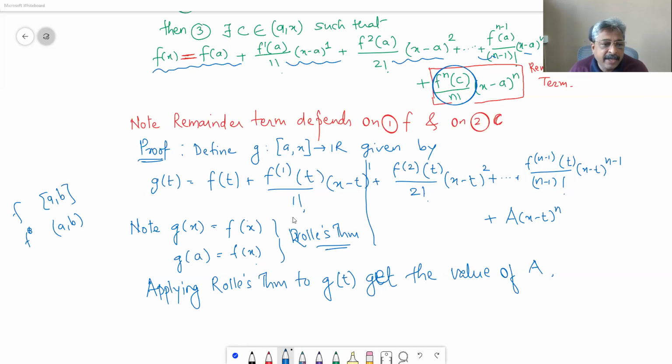This is Taylor's remainder theorem. So the proof is: differentiate g of t and evaluate it at c equated to 0. You find out this A, and as I earlier said, this capital A is expected to be the nth derivative evaluated at c upon n factorial. That is Taylor's remainder.